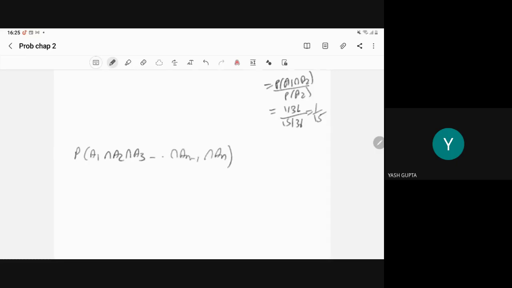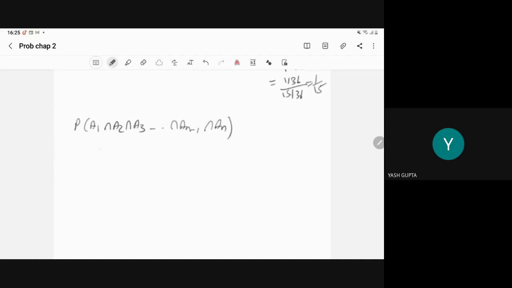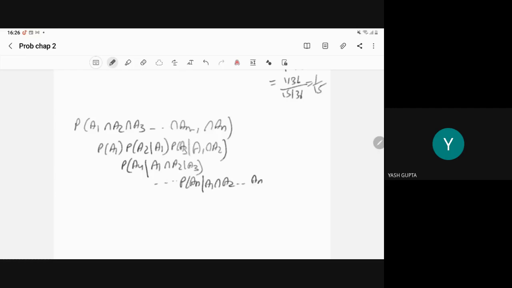When we say all the events are occurring, A1 has occurred, A2 is occurring when A1 has already occurred, A3 is occurring when A1 and A2 have already occurred, into probability of A4 given A1, A2, A3 have already occurred, and so on, and probability of An given that A1, A2, ..., An minus 1 have all already occurred.